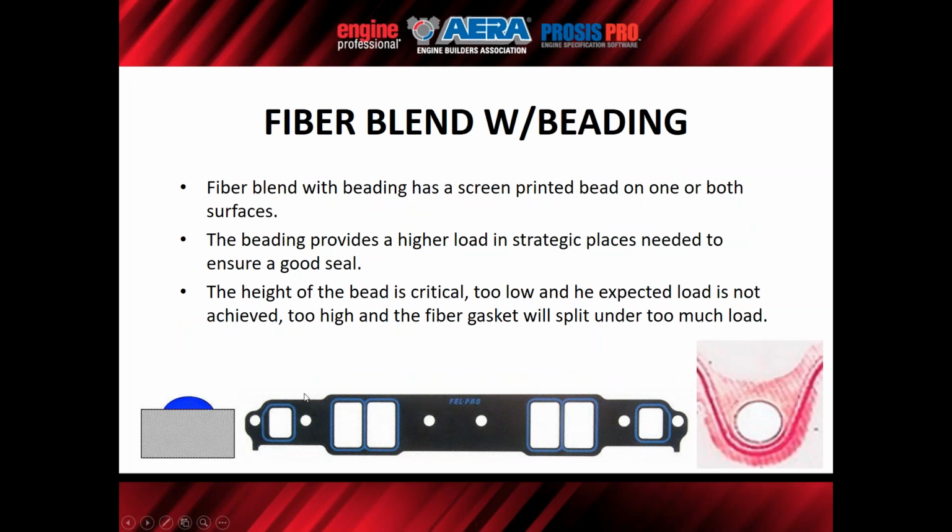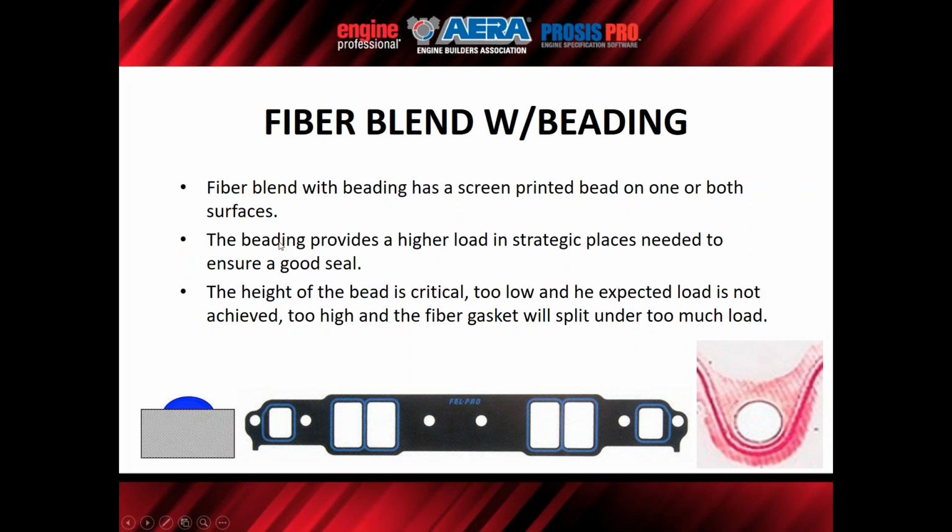Okay. Then it came to the fiber with the beading. So certain applications needed a little bit more sealing capability in, say, an intake port there, or around the coolant ports here. At the bottom there, you see, typical small block Chevrolet intake gasket.